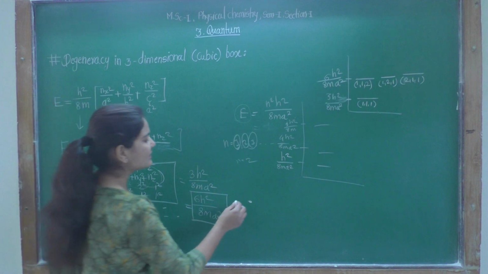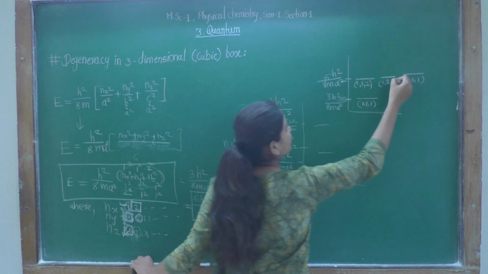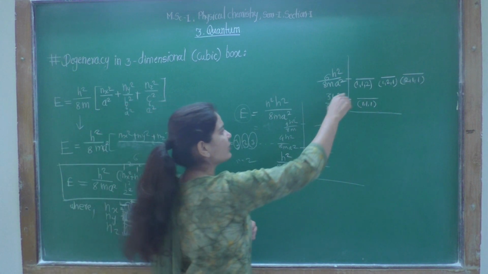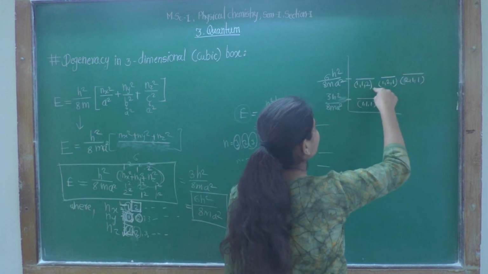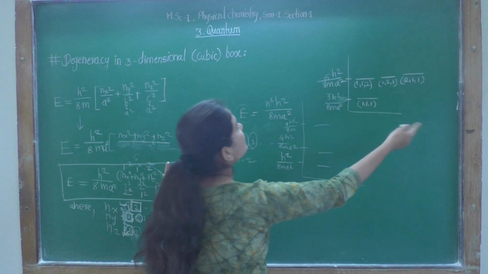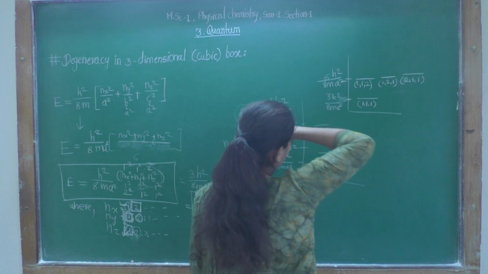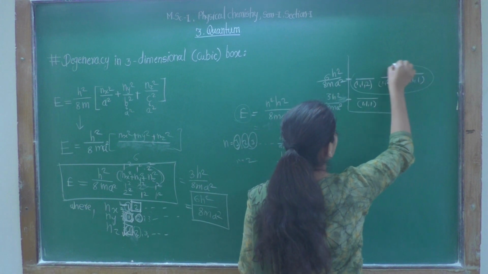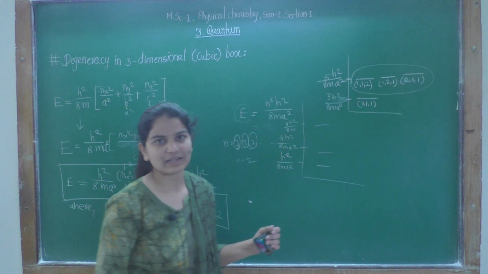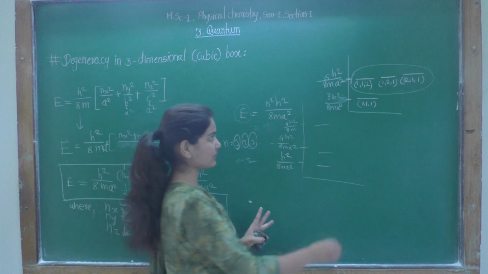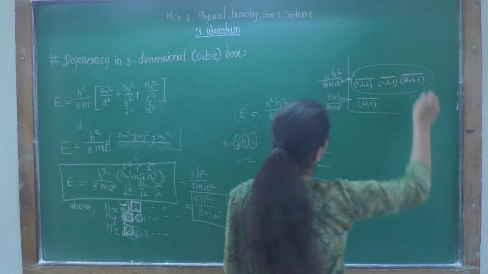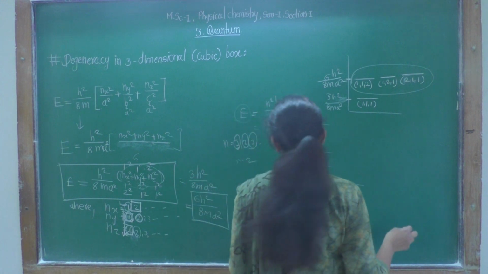So, these are 3 different conditions, but having the same energy. 3 different values of Nx, Ny and Nz having the same energy, such levels are called degenerate, having the same overall energy. That is called degeneracy.